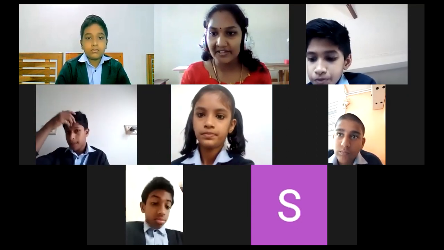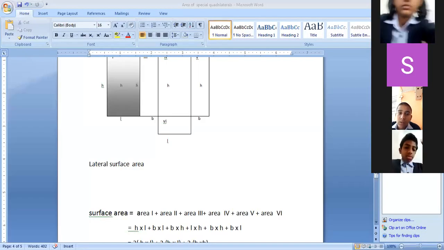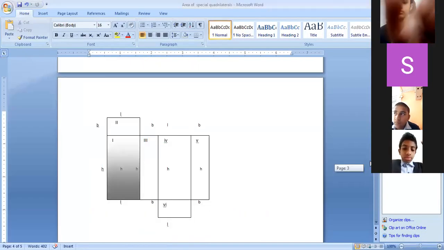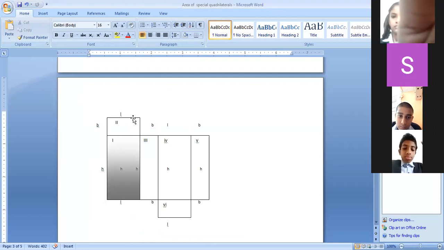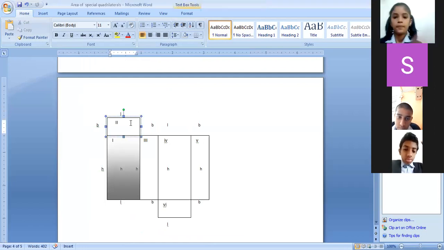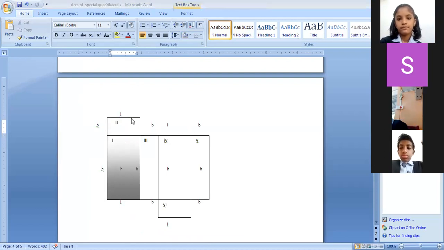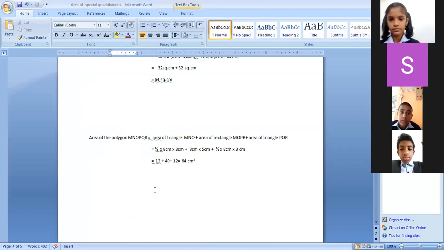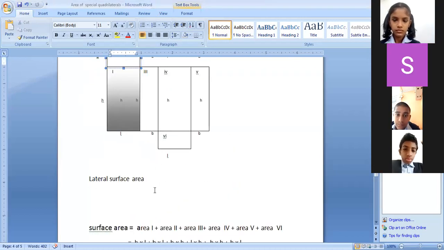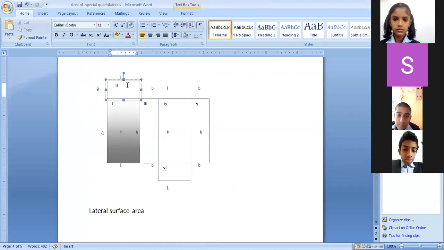Then let's derive the equation to find the lateral surface area. So this is the cuboid, right? This figure shows the cuboid. Clear? And this is the top of that cuboid, right? This is the top of the cuboid.